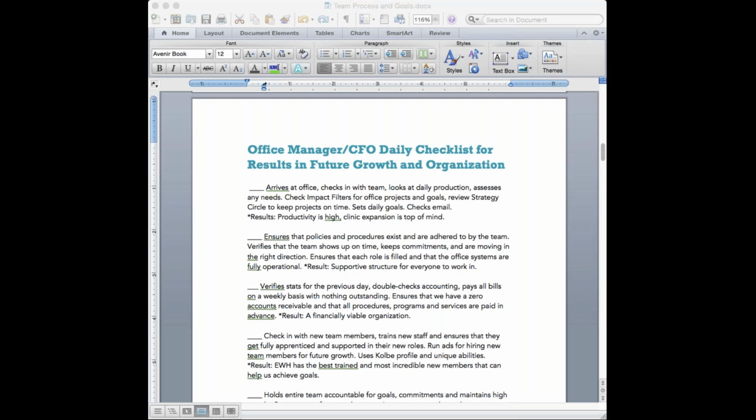Let's start going over the Office Manager slash CFO daily checklist. A lot of these are customized to East West, but they can be transferred to any place. So if you don't want your office manager dealing with the financials, then it's just going to be the office manager role.